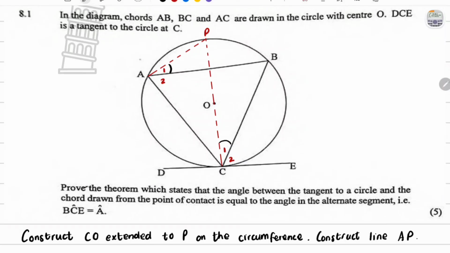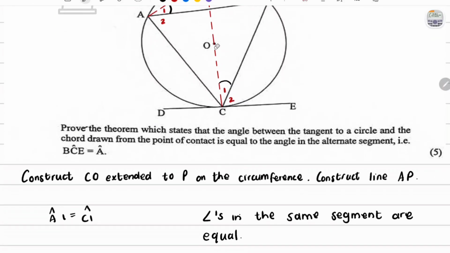Then the second thing that I want you to take note of is that OC is a radius, from the center to the circumference. And if you have a radius and a tangent, the radius is always perpendicular to the tangent at the point of contact. So we have perpendicular lines here.